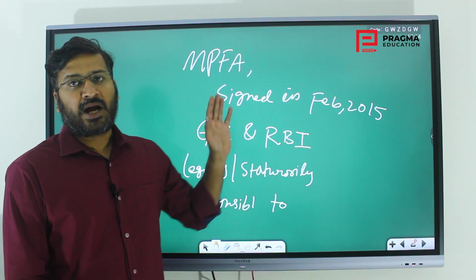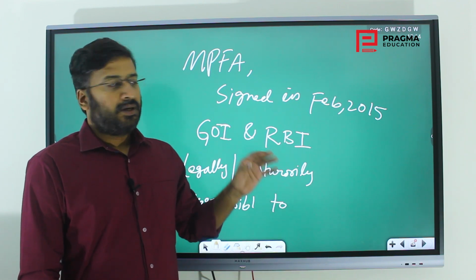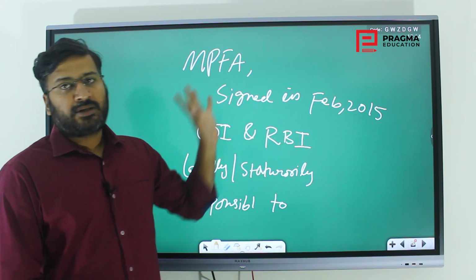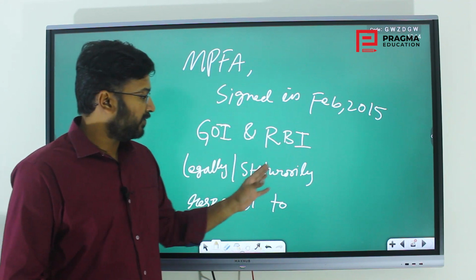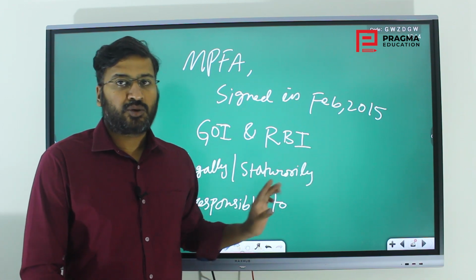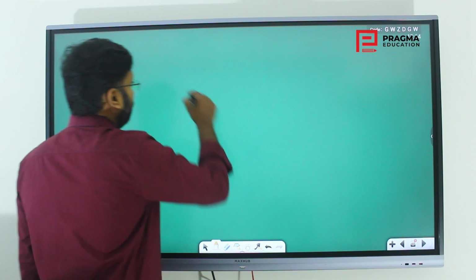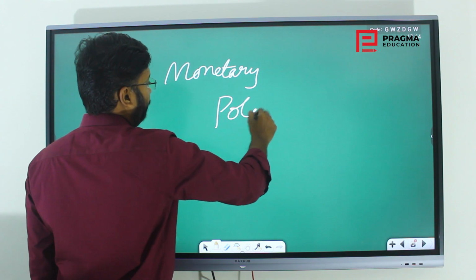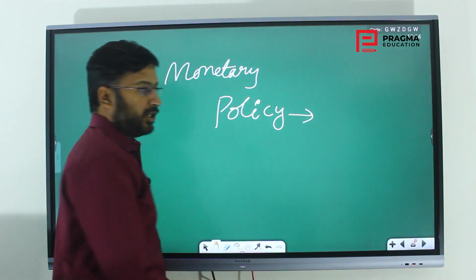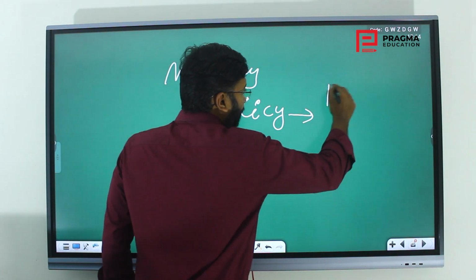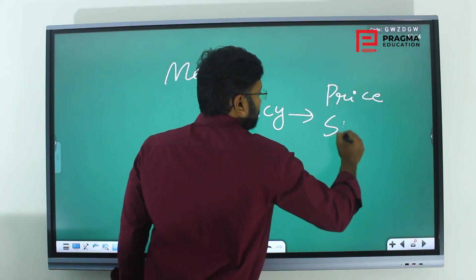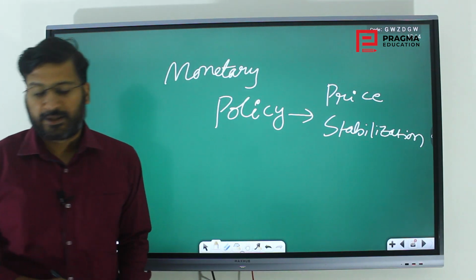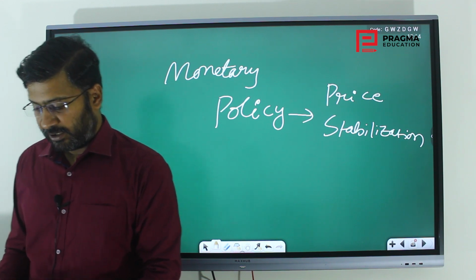So the RBI Act 1934, the act based on which the RBI was established, was amended by the monetary policy framework agreement, and the RBI was legally made responsible to control inflation through its monetary policy. So the key objective of that monetary policy is price stabilization. And who will do that? The RBI. That is the concept behind targeting of inflation.